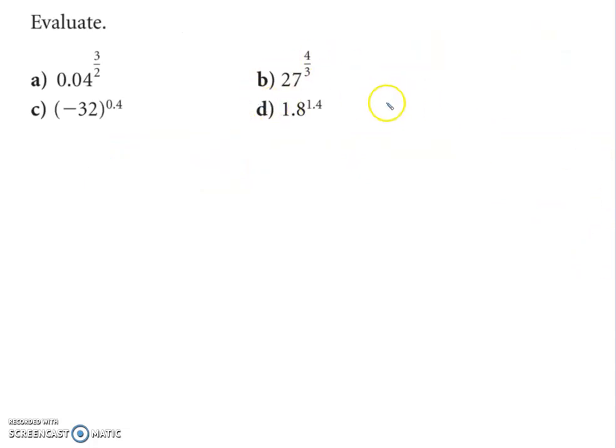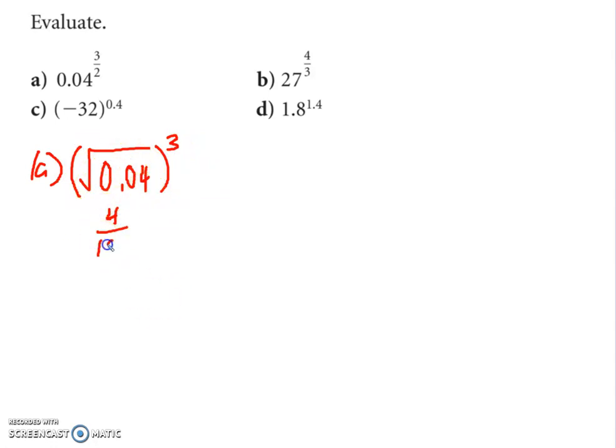So now again, evaluating in terms of exponents that are radicals, and now the numerators have values. For a, this is the same thing as the square root of 0.04 raised to the power of 3. And you could rewrite 0.04 as 4 on 100 if you'd like. Again, 100th decimal spot here.